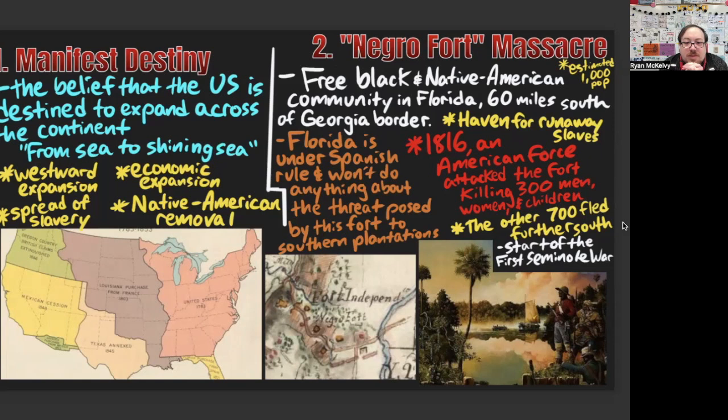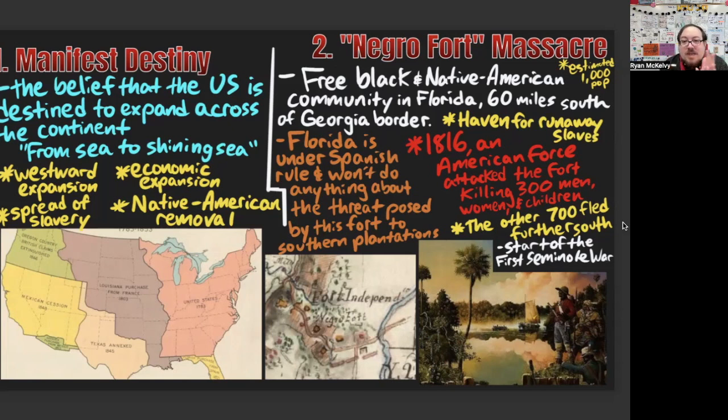Now, this haven was seen basically as a giant threat to especially Georgia. And there was a worry, especially after some of these slave revolts and attempted slave revolts, that they could represent a threat.